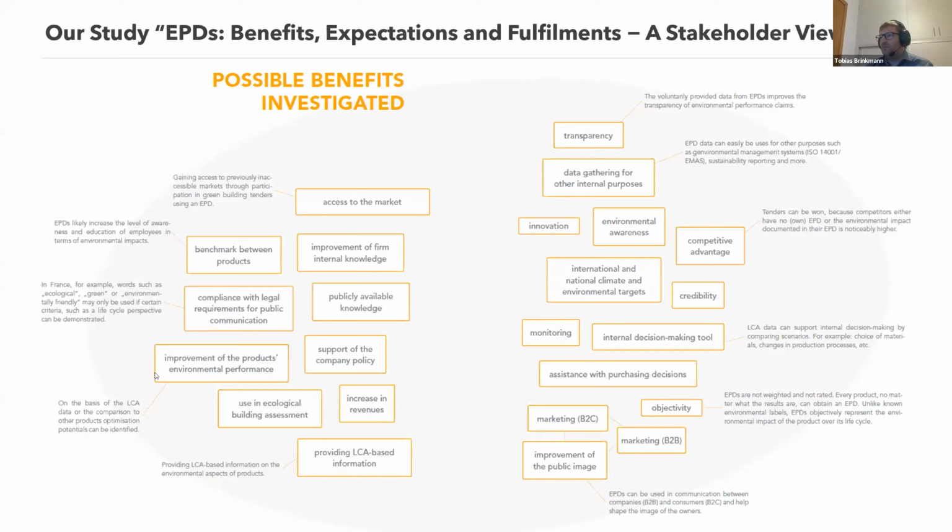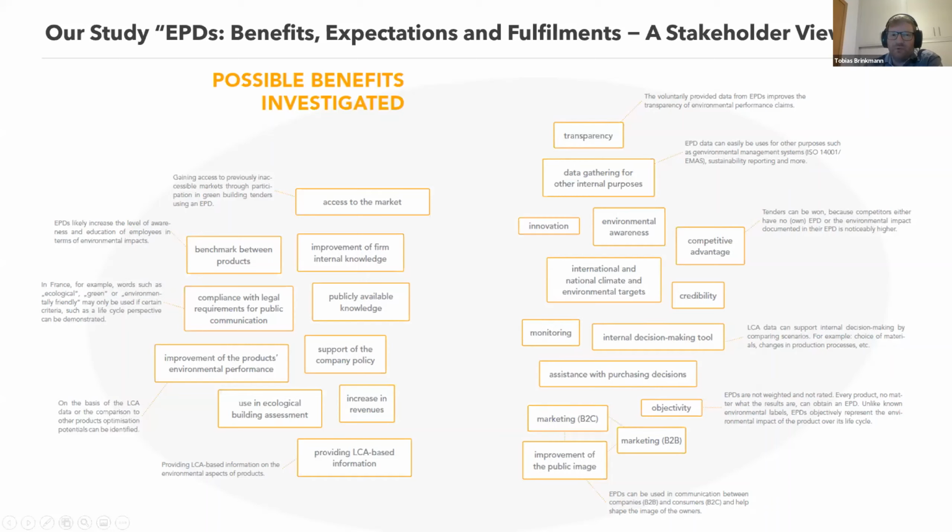For example, transparency, data gathering for internal purposes, innovation, competitive advantage, credibility, monitoring, internal decision-making tool, assistance with purchasing decisions, objectivity, marketing, B2C or B2B, improvement of the public image, but also dimensions like access to the market, benchmark between products, improvement of firm internal knowledge, and so on.